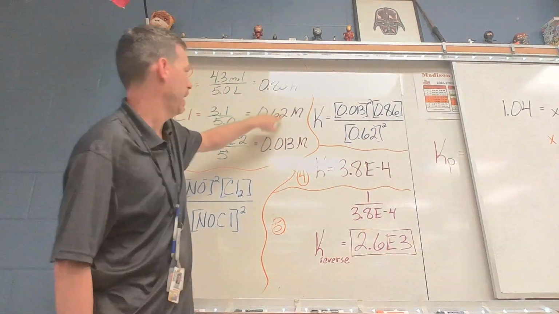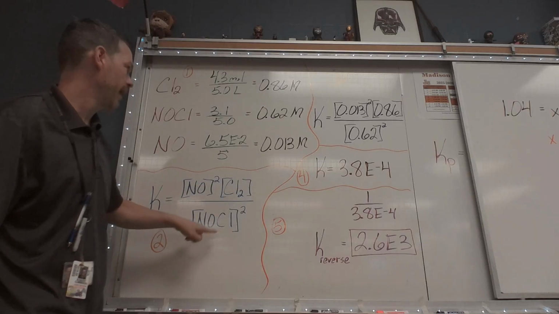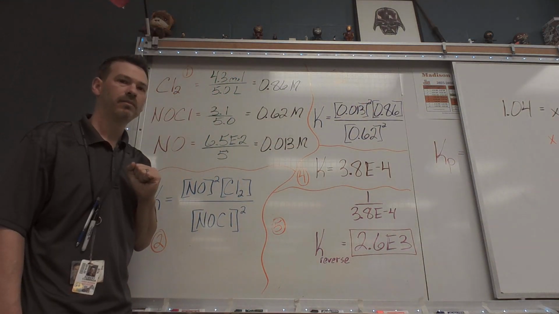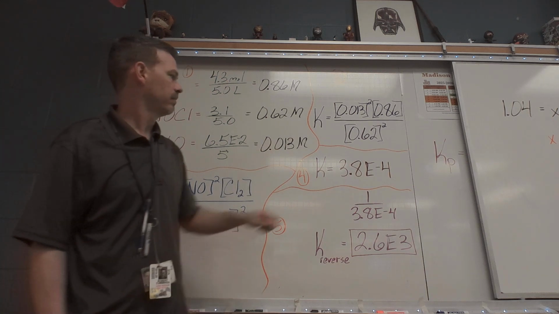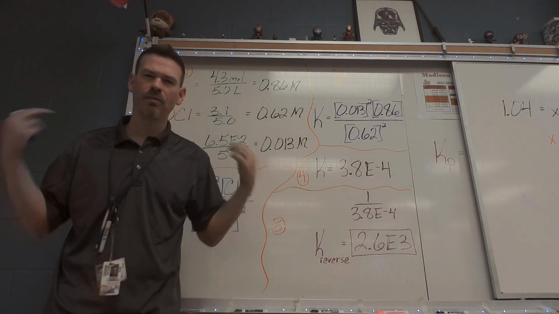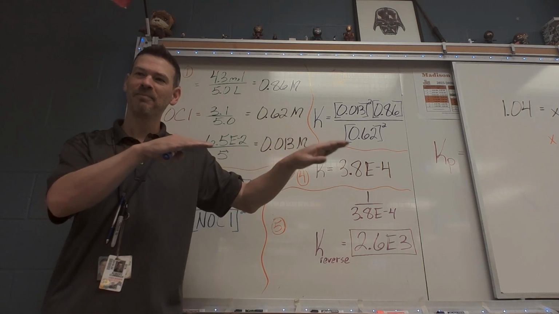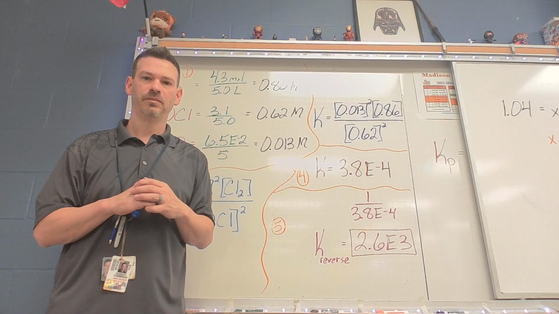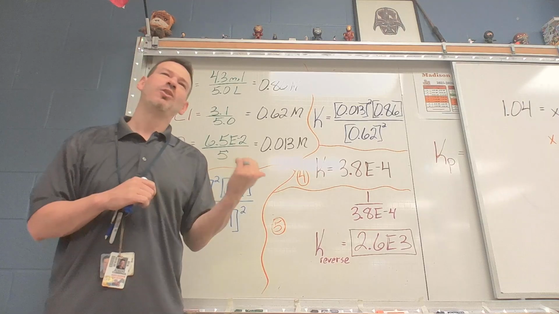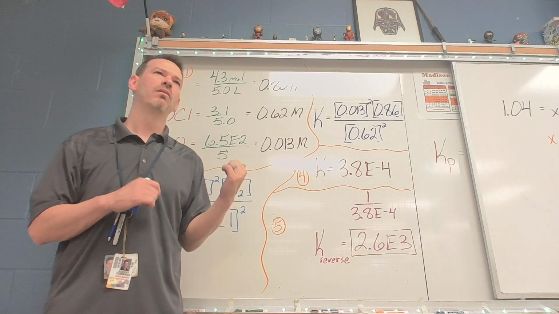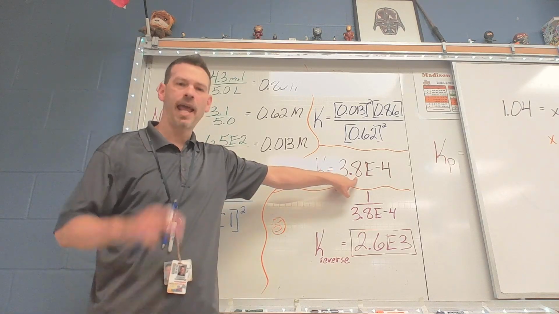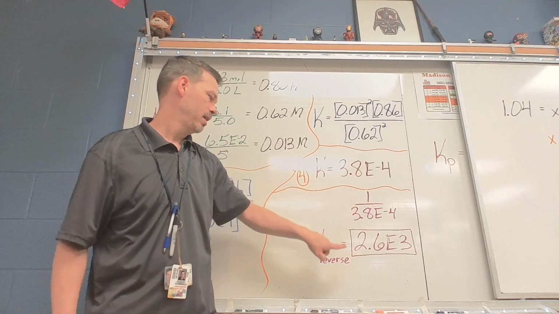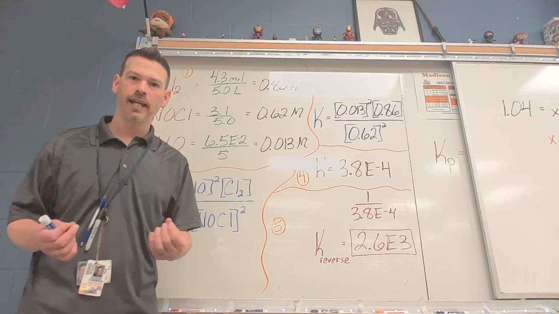All right, so I took the molarity values, put them into those spots, so it looks like that. I ran the math. The brown number is the answer in terms of K forward. But do you see how I get the K in reverse? I took that brown number and I did the reciprocal, which is 1 over that number for a final answer.